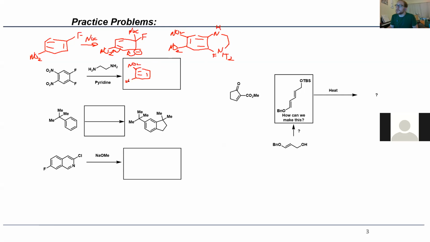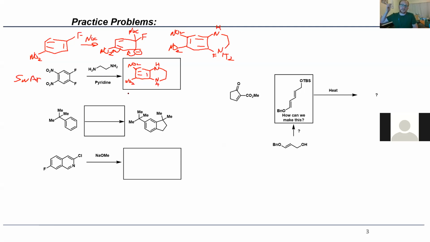Okay, so I think this problem is fairly straightforward if you recall SNAr chemistry. And so this is what I would term a recall problem, right? So remember SNAr, and you'll be fine with this type of problem.